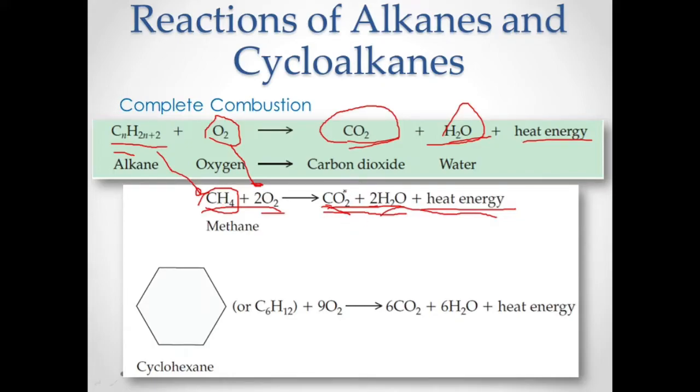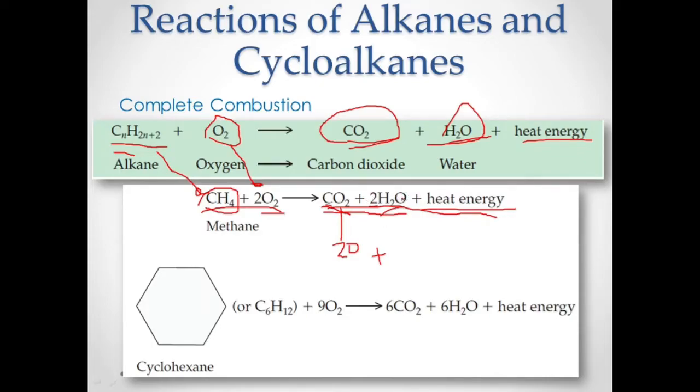Then last would be oxygen. You count the total number of oxygen on the product side. You have 2 oxygen here in carbon dioxide, plus 2 times 1 from water. Remember that when you put a coefficient there, it's not just hydrogen being multiplied, but also the oxygen in water.